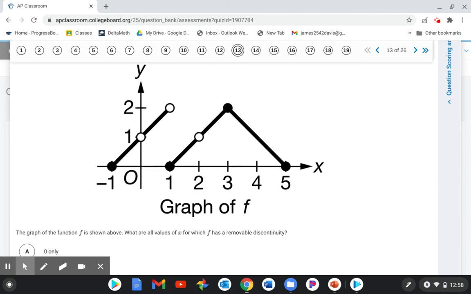All right, the graph of f is shown above. What are all values of x for which f has a removable discontinuity? All right, so removable, think about removable, you can just sort of fill it in. So I kind of just asked myself, can I fill it in with a single dot?